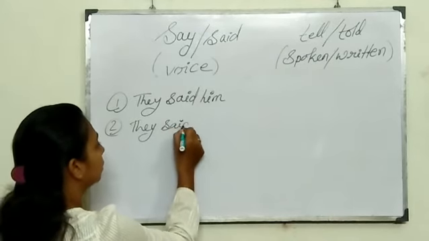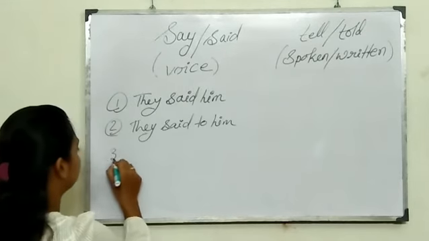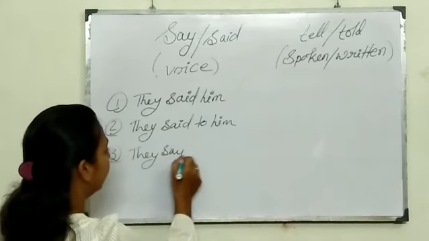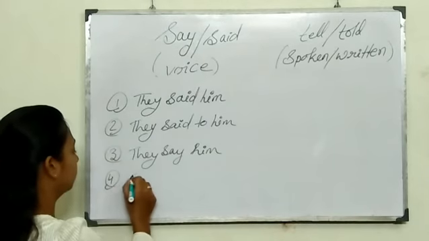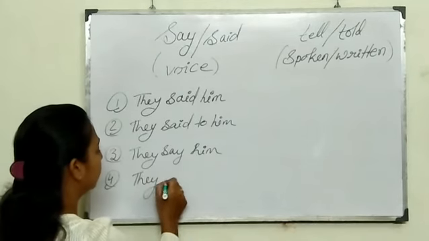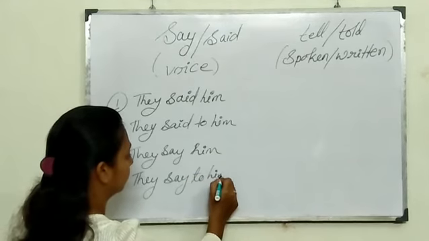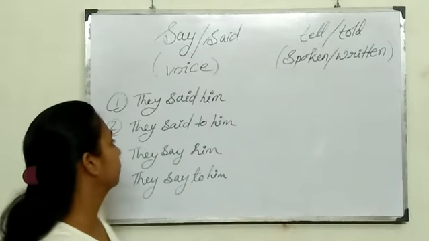Number 2, they said to him. Number 3, they say him. Number 4, they say to him. Out of these 4 sentences, 2 are correct and 2 are wrong.